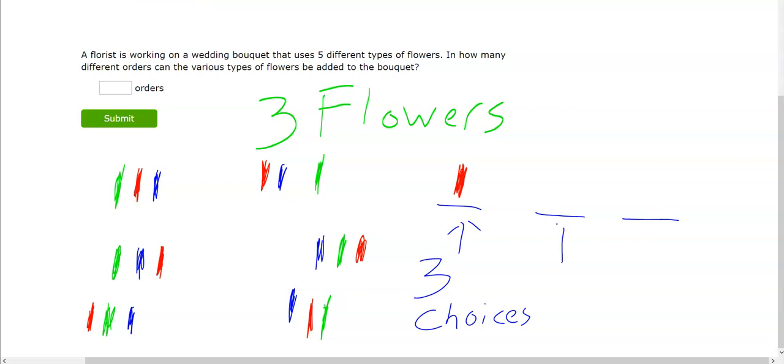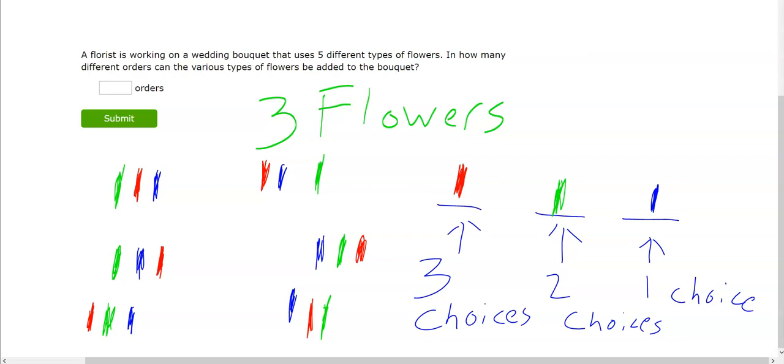Now, when I go to my next one, I only have 2 choices left because I've already put one of my flowers down. So I only have 2 flowers left. Let's say I put my green flower here. And then finally, I only have one choice left for the very last spot, which is where my blue flower needs to go.